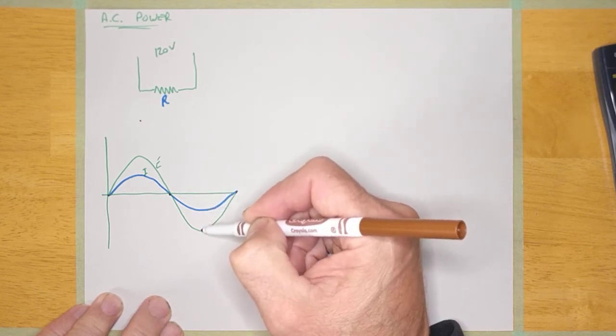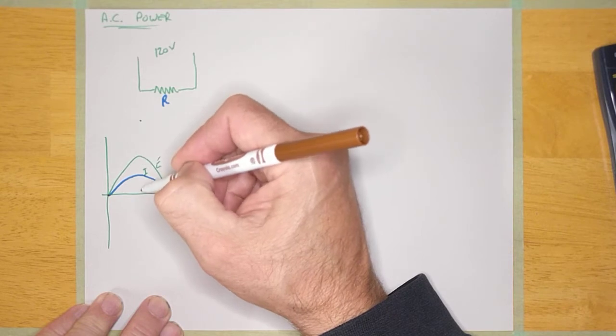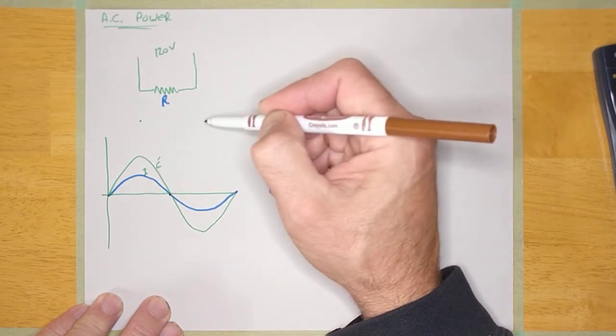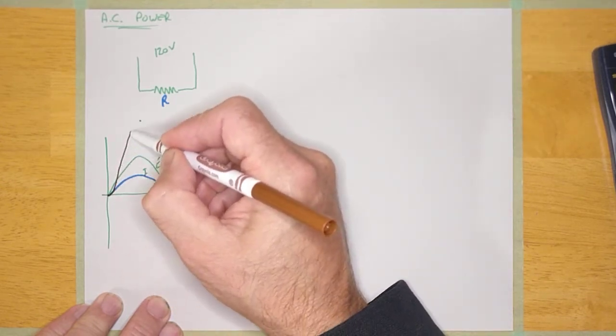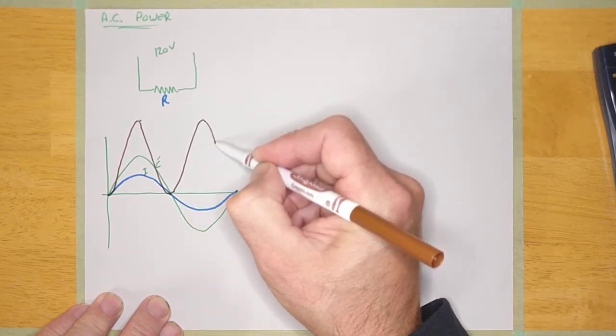If I multiply those two negative values together, I'll get a positive value, and in fact, it'll be the same positive value as if I multiply these two together, and so right there, the power is going to look like this. Now, if I wanted to draw the power curve, it's going to look like this.